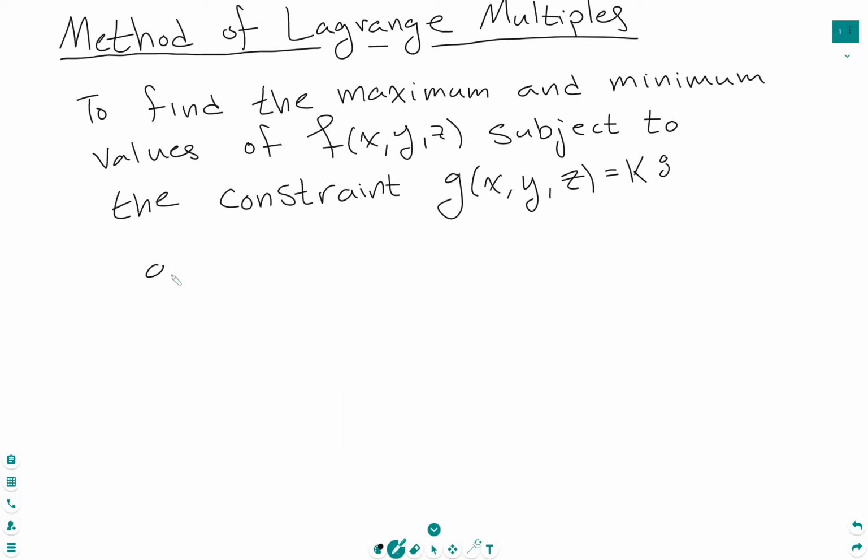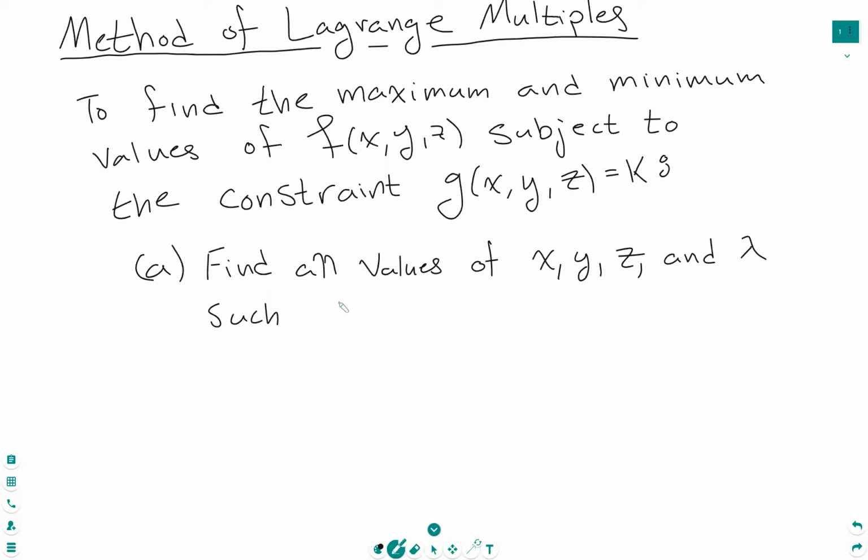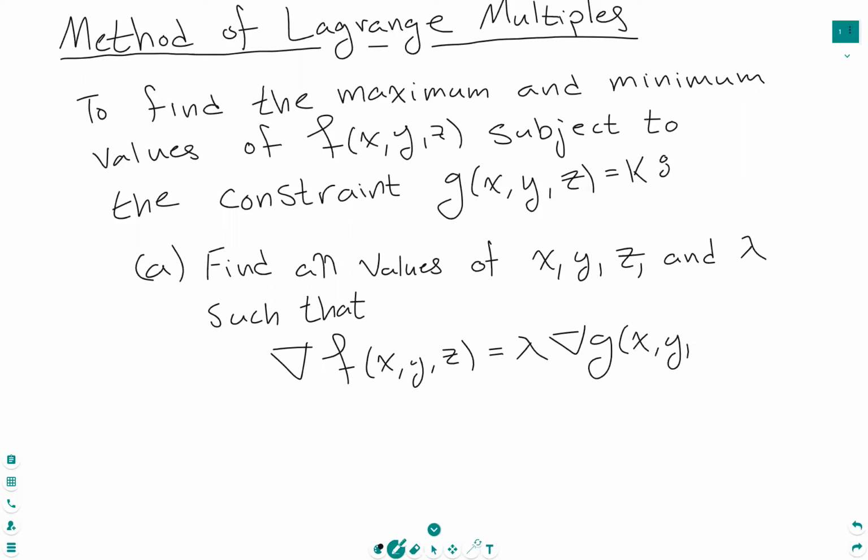First thing we'll do is find all values of x, y, z, and lambda such that the gradient of f of x, y, and z is equal to lambda times the gradient of our constraint function g of x, y, and z, and our constraint function is still satisfied.